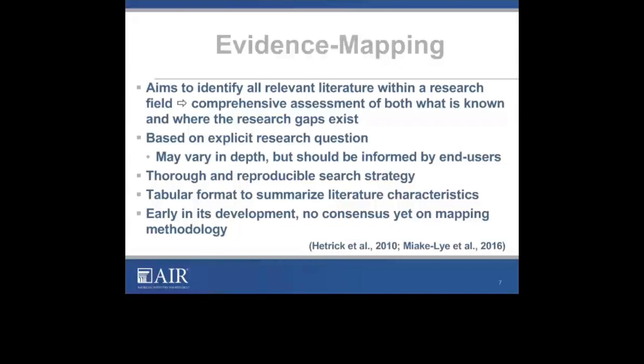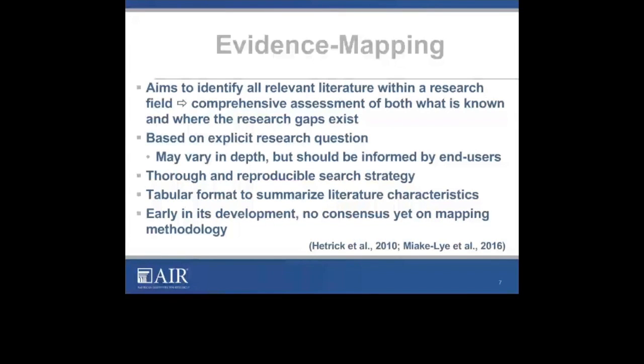The search strategy is more explicit than in a narrative review. It should be thorough. It should be made reproducible. The evidence map, however, stops at the point where all the literature is gathered. It puts that literature together in a graph or in a table type of format. It does not go into more depth in terms of describing or interpreting that entire body of literature.